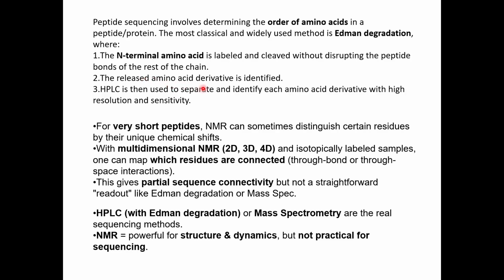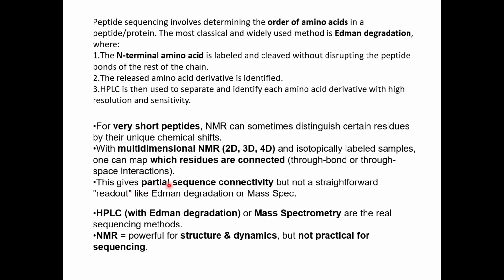Then the released amino acid derivative is identified, and HPLC is then used to separate and identify each amino acid derivative with high resolution and sensitivity. For very short peptides, NMR can sometimes distinguish between the residues using their unique chemical shifts, but it is mostly for their 2D, 3D, 4D, and isotopically labeled samples one can map such residues.